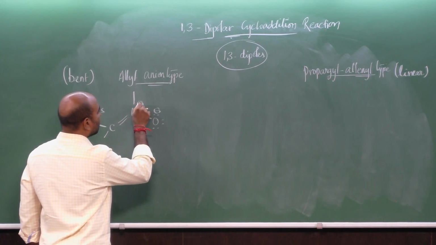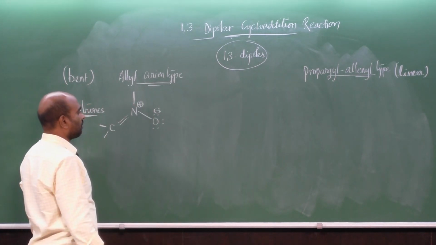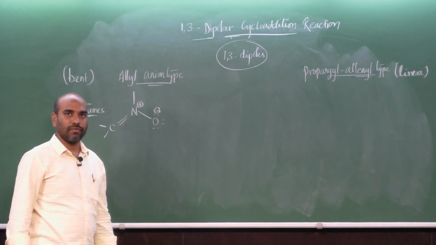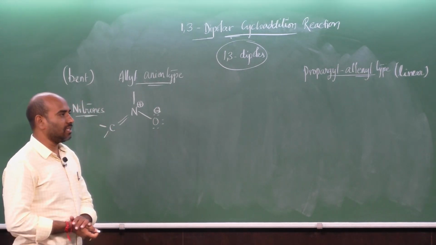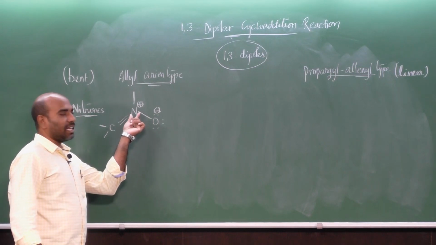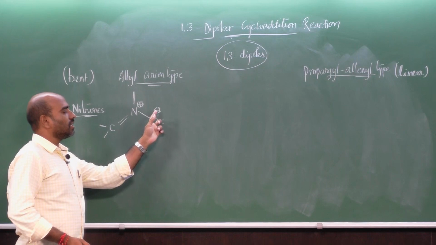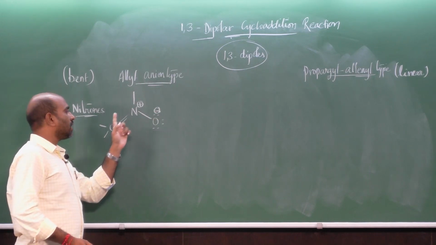Nitrogen is carrying a positive charge and oxygen is having the negative charge. The beauty here is that the center atom, the nitrogen, will always hold the positive charge, whereas this negative charge can move from here to this one.